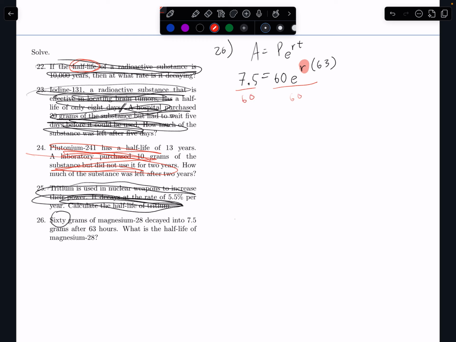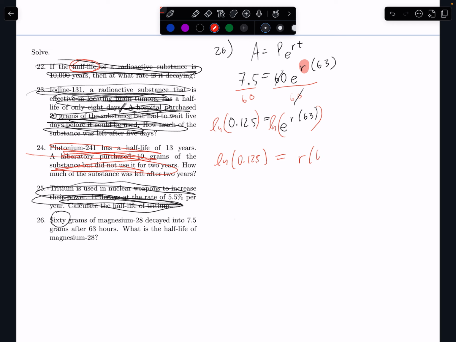And 7.5 divided by 60 is 0.125. So I've got 0.125 on the left. 60 divided by 60 cancels, so I've got e to the r times 63. Now, natural log both sides. On the left, you get natural log of 0.125. On the right, inverse function, so these are gone.